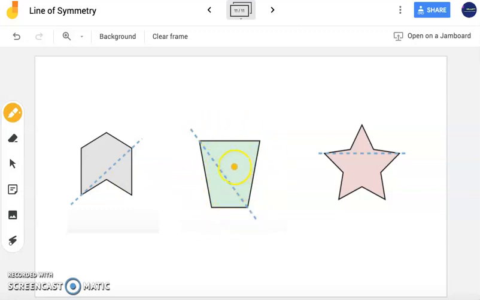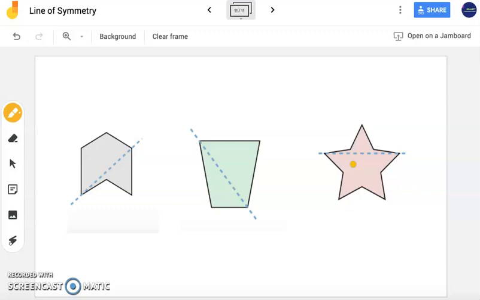There are other ways I could draw this line of symmetry, but the given line does not show that this is two equal pieces. And same for this star. If we were to draw a vertical line, yes, that would show it's symmetrical, but we were given a horizontal line placed in an area of this star that proves there are not two equal parts on both sides of that line of symmetry.